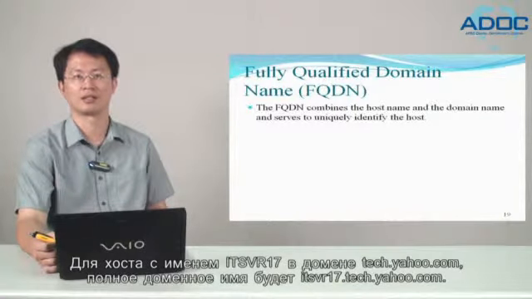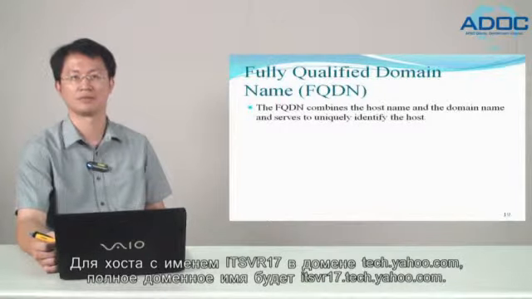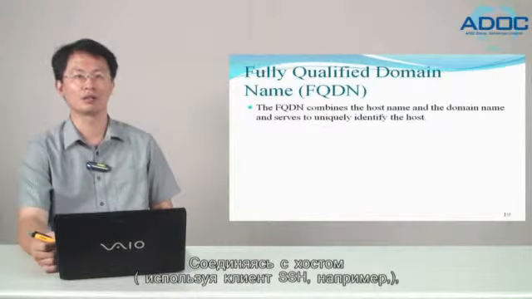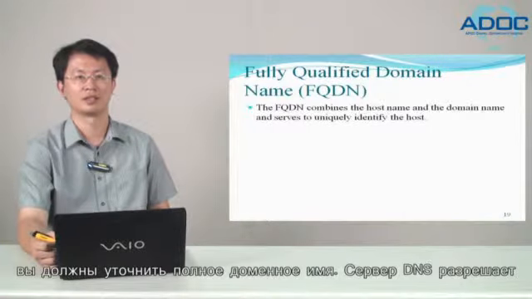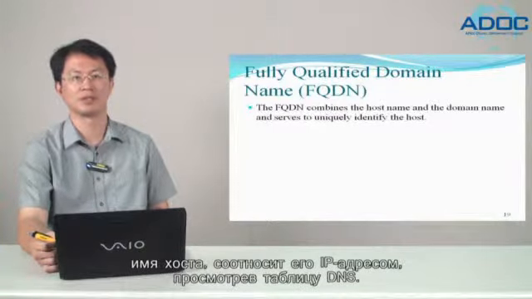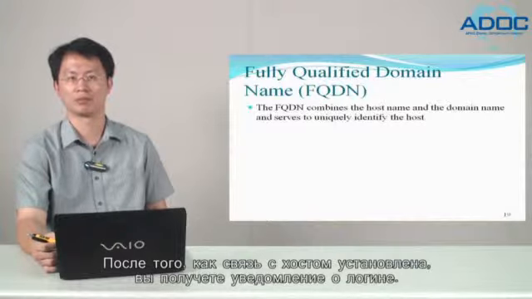For host name ITserv17 in the tech.yahoo.com domain, the FQDN would be itserv17.tech.yahoo.com. When connecting to a host using the SSH client, for example, you must specify the FQDN. The DNS server then resolves the host name to its IP address by looking at its DNS table. The host is connected, and you receive a login prompt.